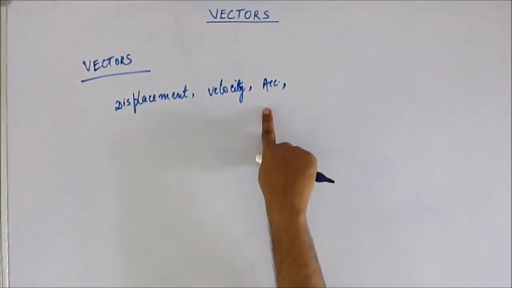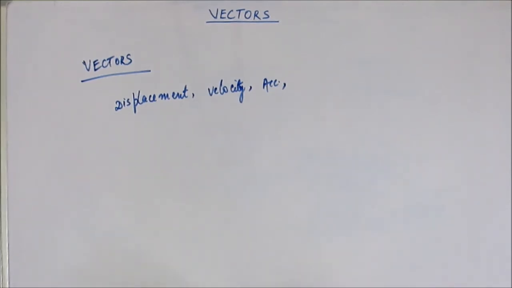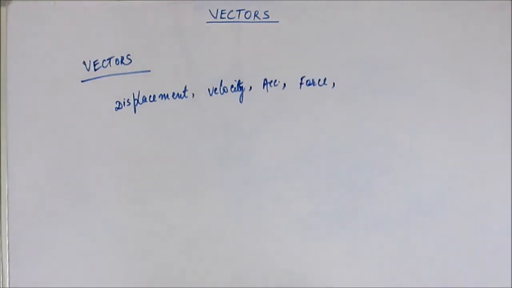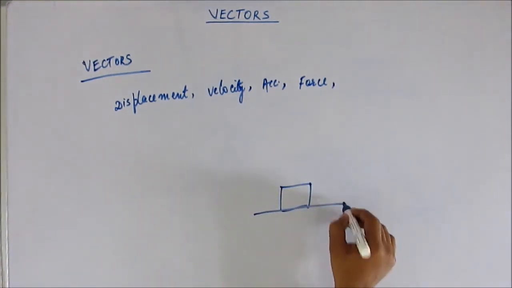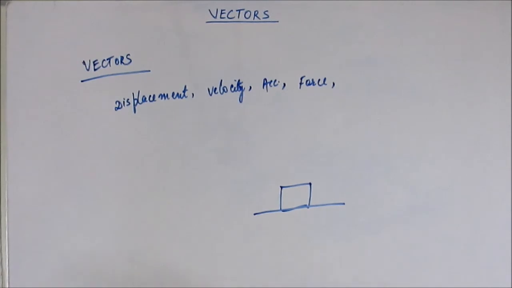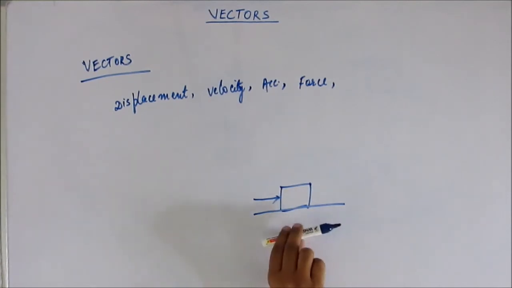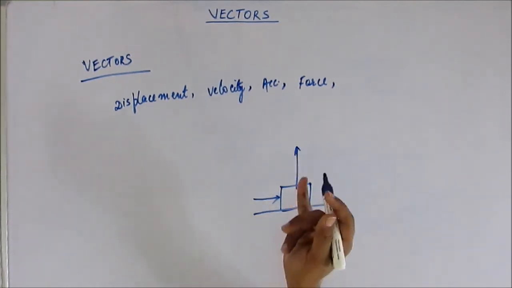In the particular direction in which acceleration is, in that direction velocity will increase. So it's important to know in which direction the acceleration is. Force is also a vector quantity. Force has a direction. If you say I'm applying force to a block on the floor, it becomes important to tell the direction in which you are applying the force, because if you apply force in this direction, the block will move in this direction; if you apply force in that direction, the block will move in that direction.